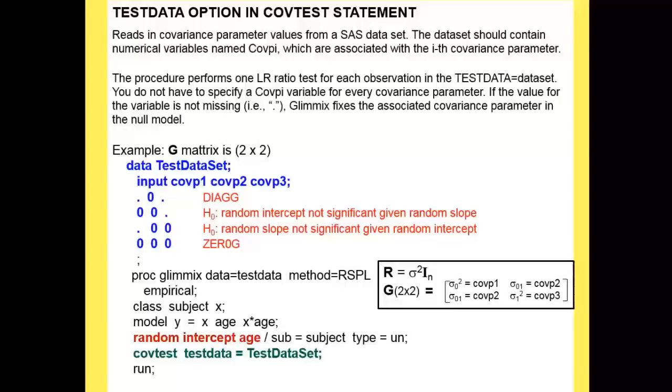Does it mean that you can just have a random intercept? You don't need a random slope? See, what's the null hypothesis, and what's the alternative hypothesis? The null hypothesis is that the random intercept is fine, you don't need a random slope. The alternative hypothesis is that you need both. So if it's significant, what does that mean?